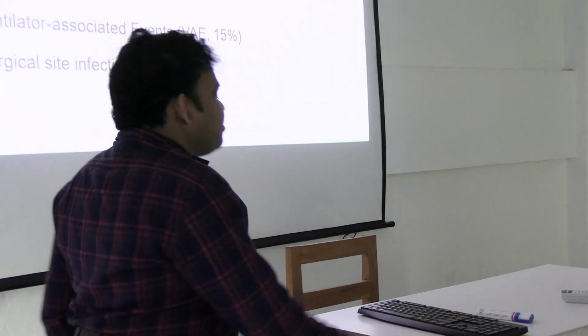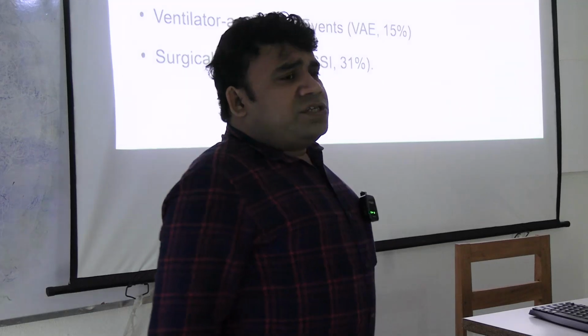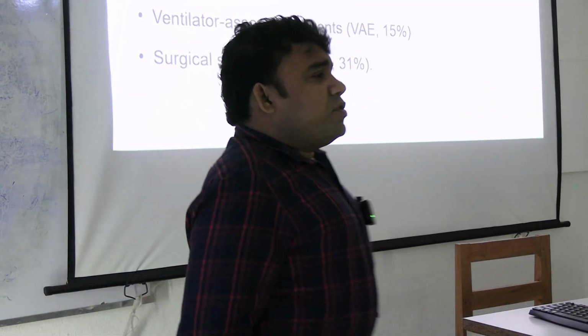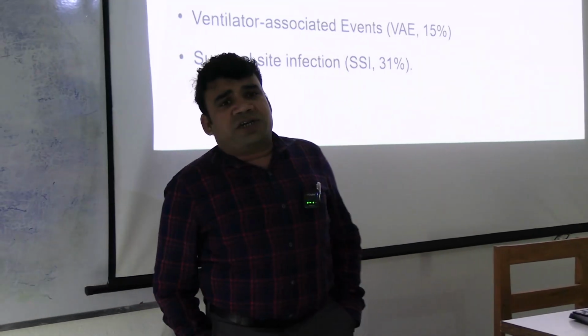This would be important when we consider the preventive measures that we can take for transmission of the diseases. Now, based on the type of the infections, these infections can be classified into predominantly 4 types. The first one is called catheter-associated urinary tract infections.